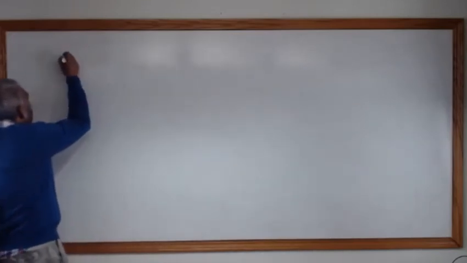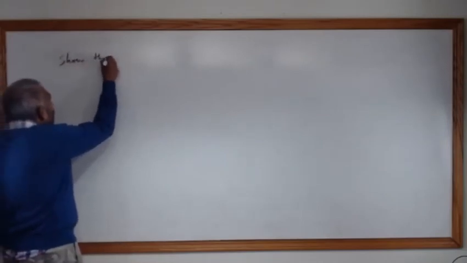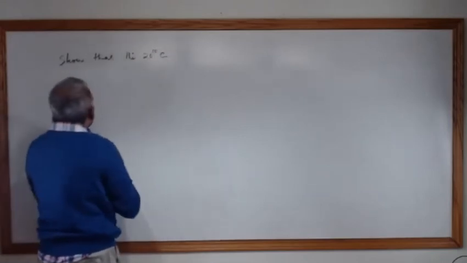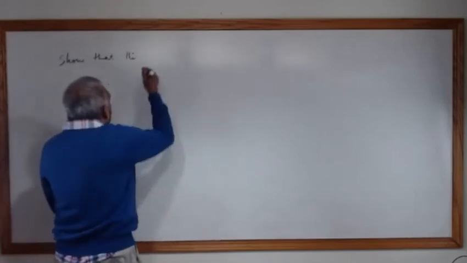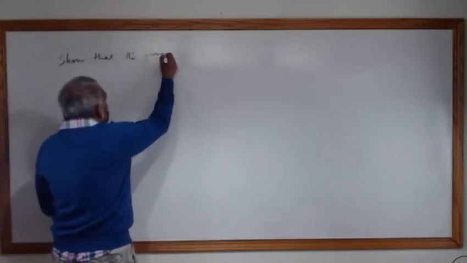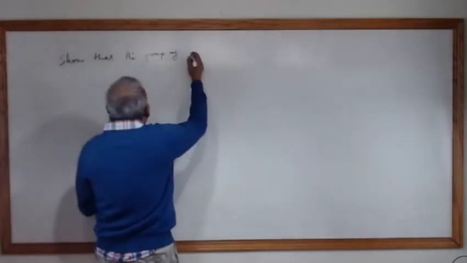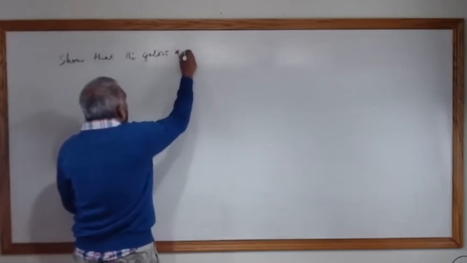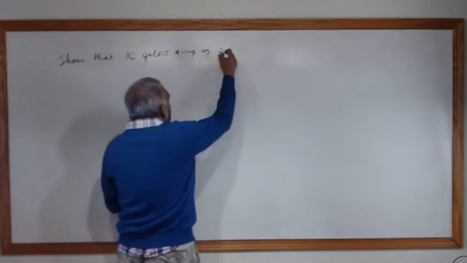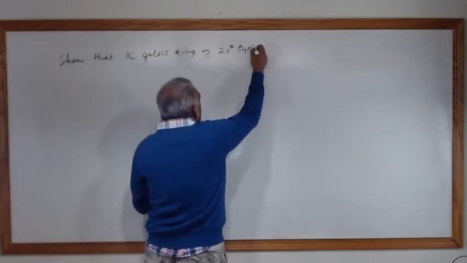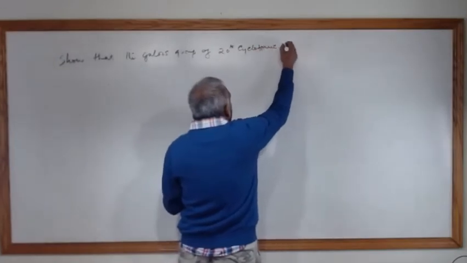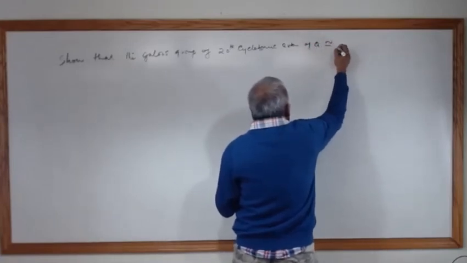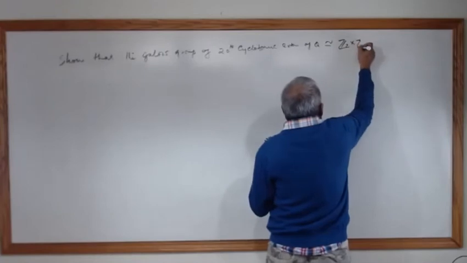The first one we are going to try is to show that the Galois group of the 20th cyclotomic extension of Q is isomorphic to Z2 cross C4.